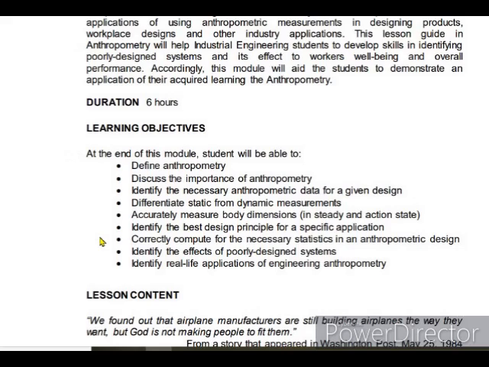For the learning objectives, at the end of this module, students will be able to define anthropometry, discuss the importance of anthropometry, identify the necessary anthropometric data for a given design, differentiate static from dynamic measurements, accurately measure body dimensions in steady and action state, identify the best design principle for a specific application, correctly compute the necessary statistics in an anthropometric design, identify the effects of poorly designed systems, and identify real-life applications of engineering anthropometry.